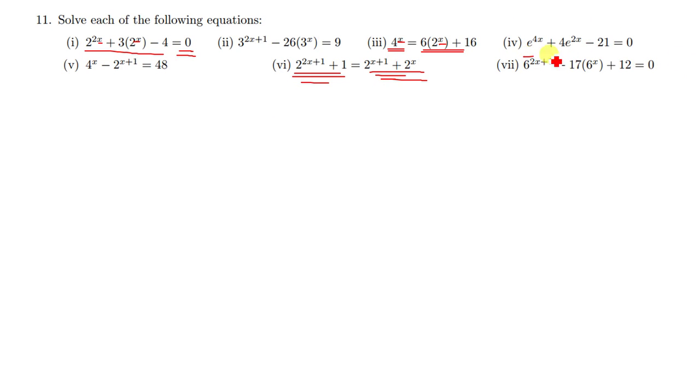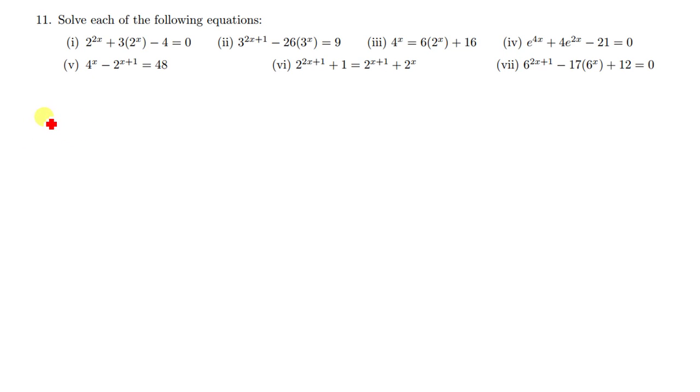So let's quickly solve this one here. So we have e raised to power 4. That e raised to power 4 can be written as e raised to power 2. Sorry, let us express it in terms of x.